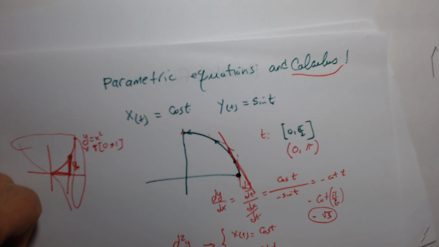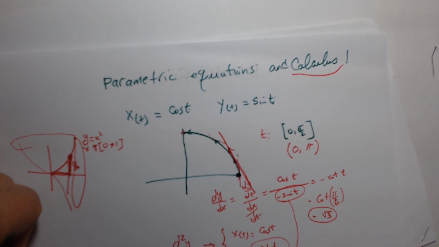Therefore, the second derivative, d squared y over dx squared, is the derivative of y, which is the derivative of the first derivative. The derivative of cotangent is negative cosecant squared of t, over the derivative of cosine, which is the same as in the first derivative, negative sine of t.